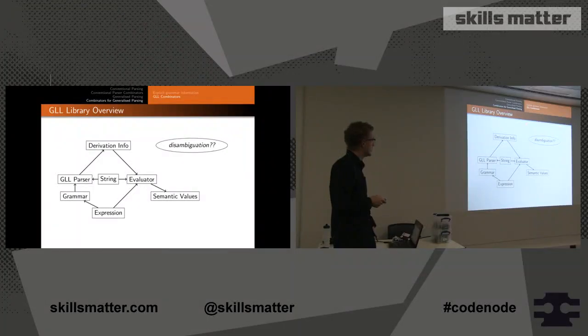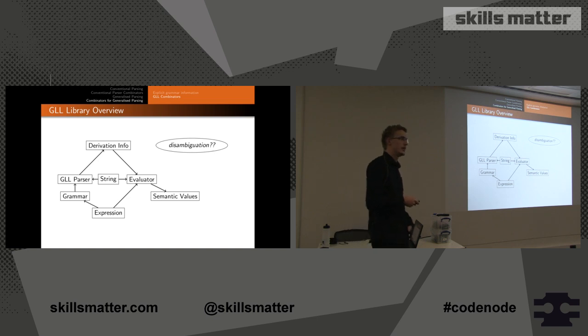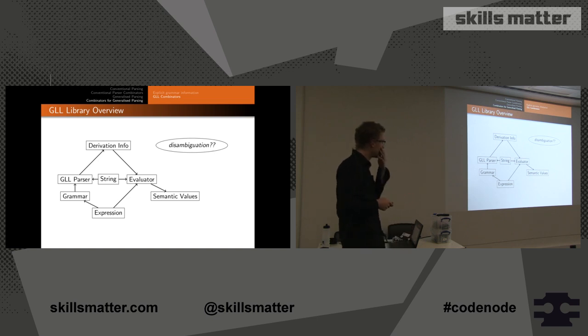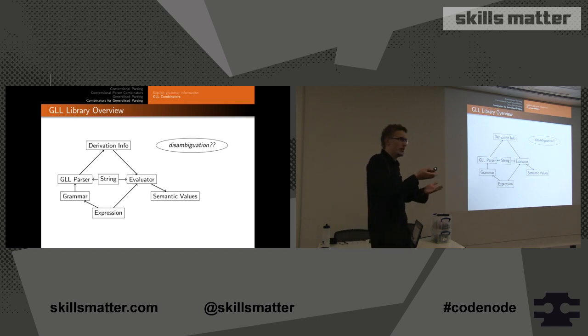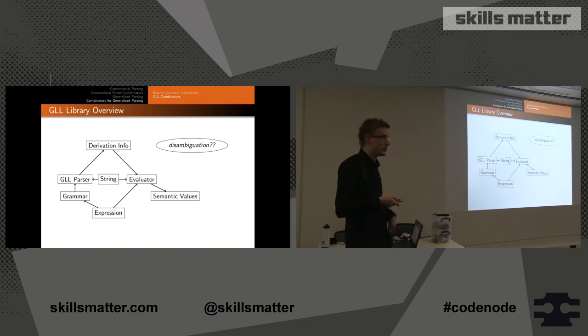And then there's the question of how to actually achieve disambiguation as part of such a library. So ideally you would have some kind of combinators or options, some additional parameters or some kind of global option data type which contains disambiguation strategies. And ideally, these strategies would apply to the grammar.